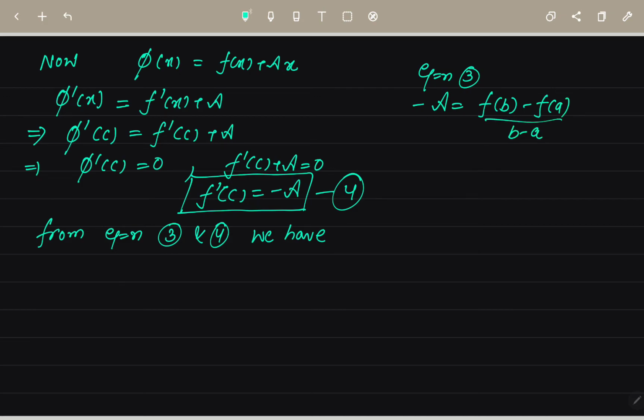So now I will use this term here. I will write f of b minus f of a divided by b minus a, this is equal to f dash c. So hence the theorem is verified or proved.